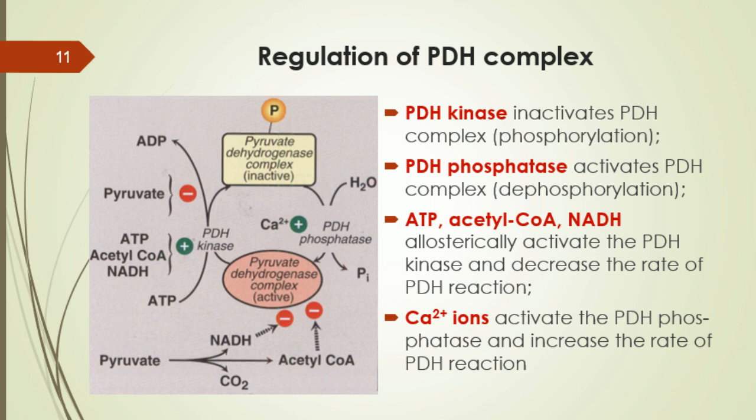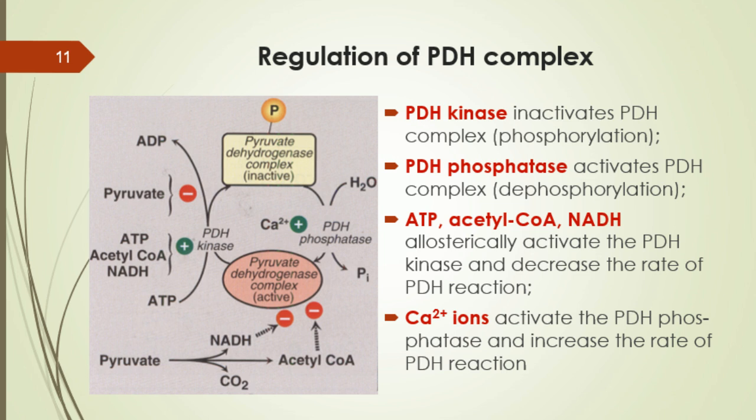The activity of the pyruvate dehydrogenase complex is regulated in various ways: by availability of substrates, by inhibition by reaction products, allosterically, and by covalent modification. Covalent modification of PDH is carried out by phosphorylation and dephosphorylation.